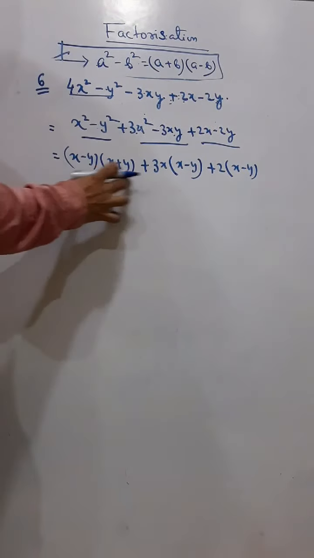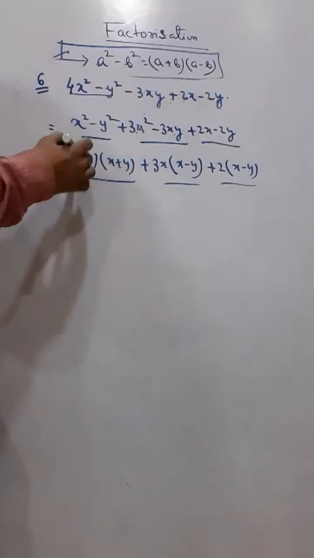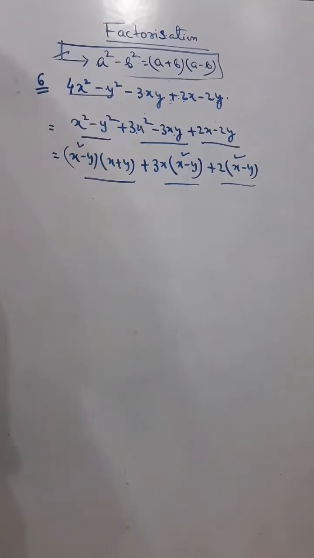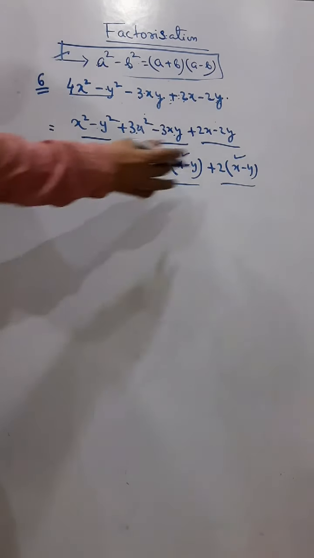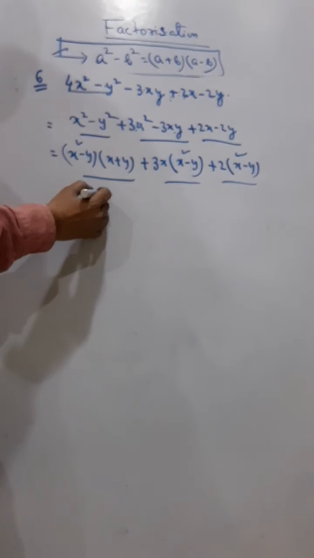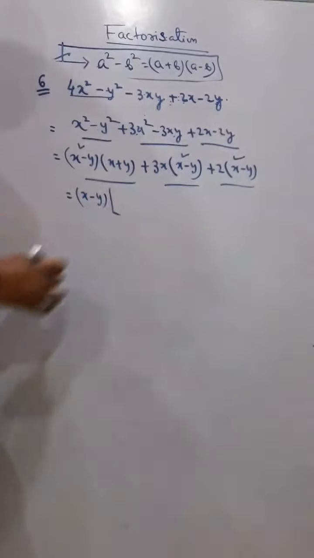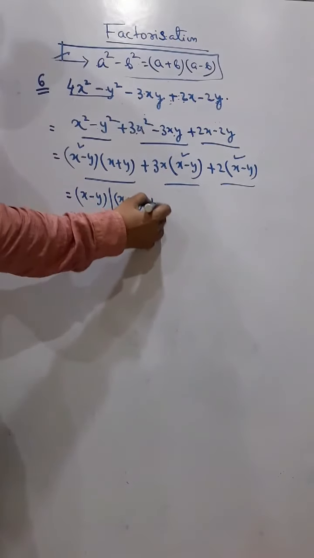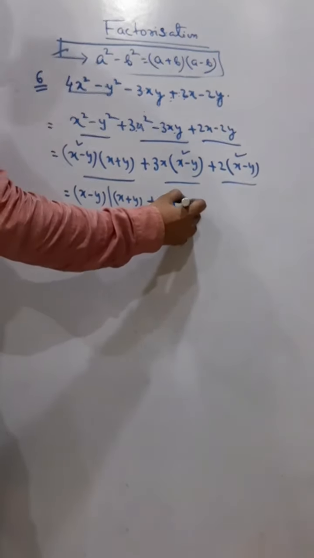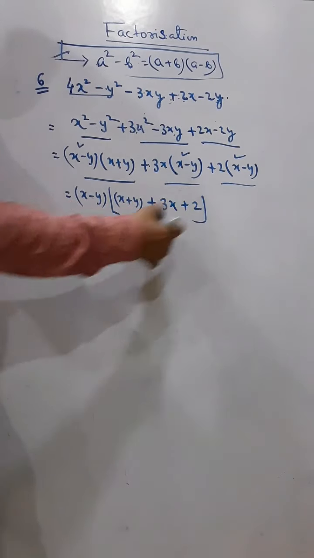And now you can see we have 3 groups. And in these 3 groups, this x minus y and x minus y is common. And no other thing is getting common here. So now I can take x minus y common. I am left with x plus y here, plus I am left with 3x here, and then plus 2.